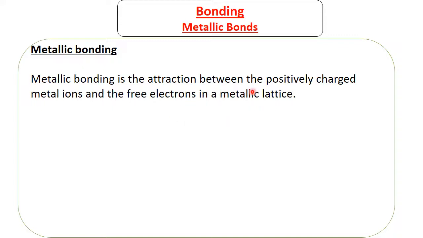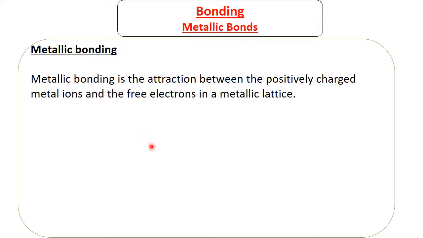So what this means is that when we have a metal, or more than one metallic atom, and the outermost electrons are lost, there will be attraction between the lost outermost electrons and the positively charged nucleus. Remember, if an atom loses an electron, it is going to have a positive charge because it has one more proton than electrons.